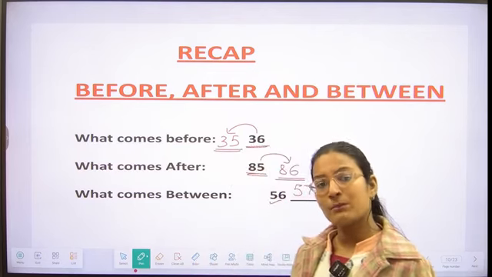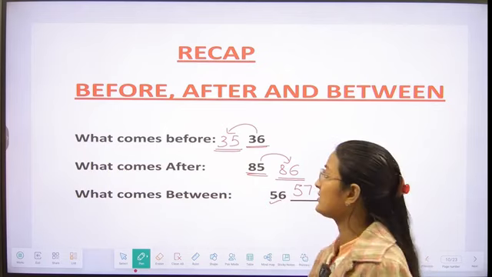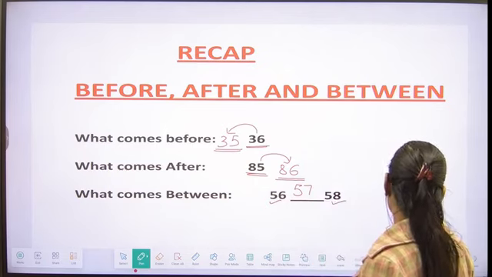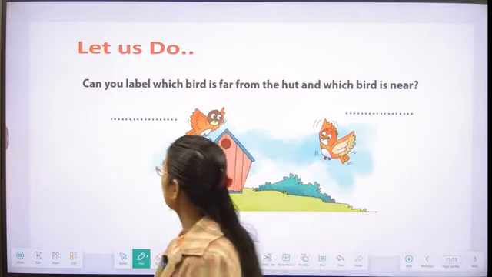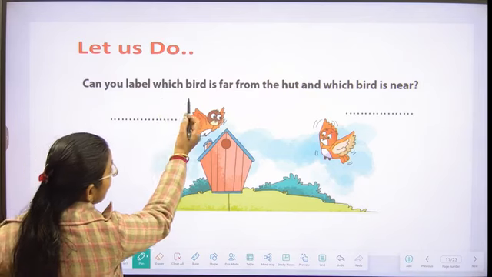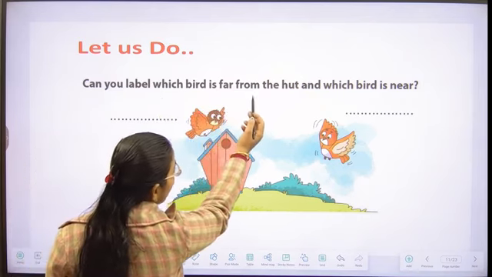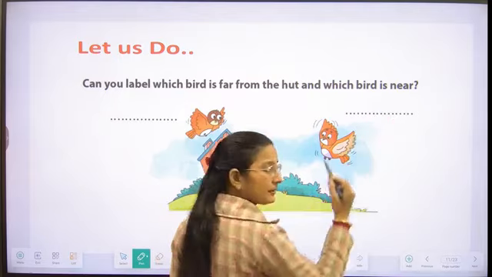Everyone open your books. Now we are going to do the exercises of our chapter 1. So first read the question with me. Can you label which bird is far from the hut and which bird is near?